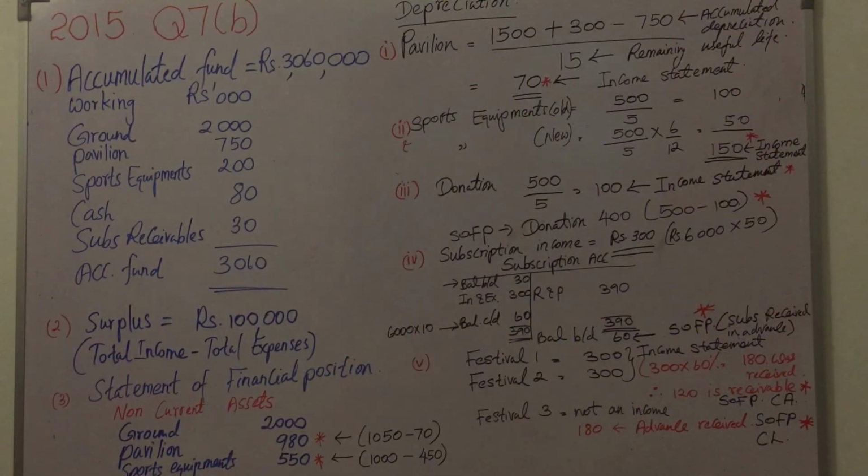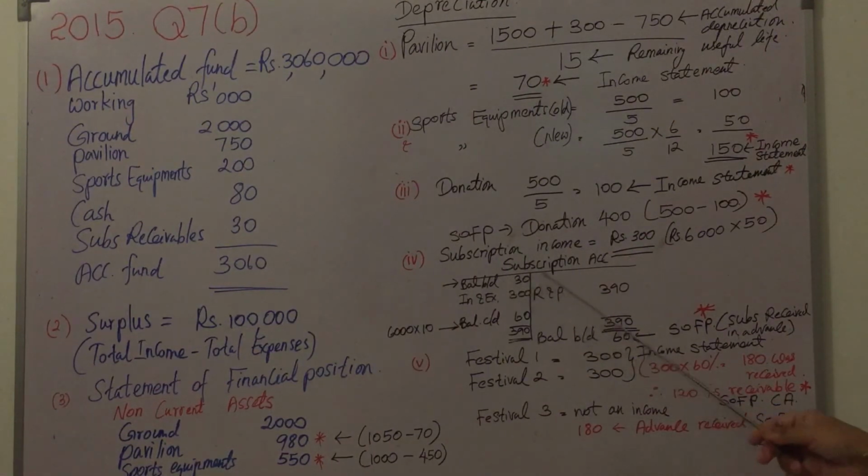And salaries, groundsmen and managers, you need to include them separately as expenses in the income statement. Office expenses 50 also should be included in the income statement. Ground maintenance also you need to include in the income statement as an expense. Sports equipment 500 we have already adjusted here. And the closing balance of 150 in the receipts and payments account goes to the SOFP under current assets. And in this subscription account there is an opening balance.